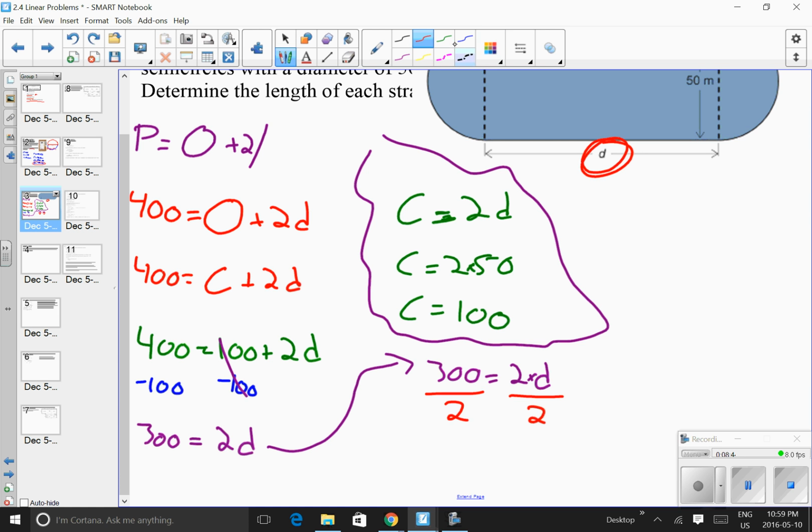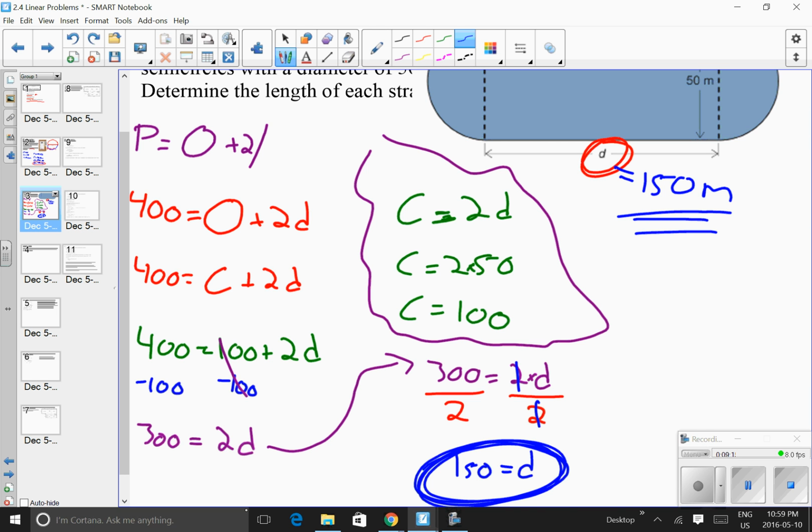Remember, that's one of those math laws. You break the math law, you go to math prison where they do bad math things to you. You don't want that. So, you got a 2 up top, 2 on the bottom, they cancel out. All you got left on the other side is the d. Then I divide the other side by 2. Ta-da! There's my answer. I got d by itself. So that distance there is the length of the straight side.